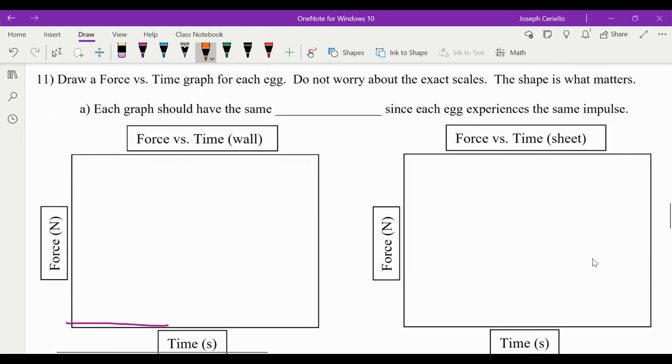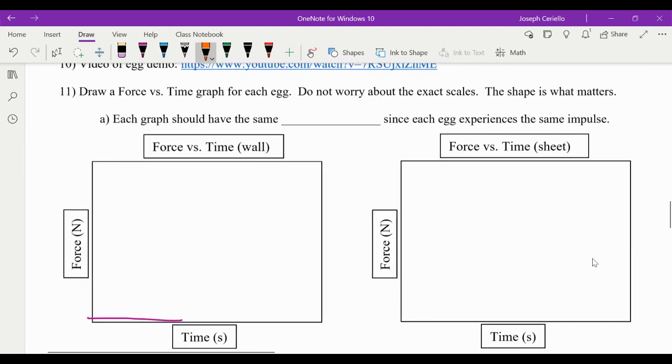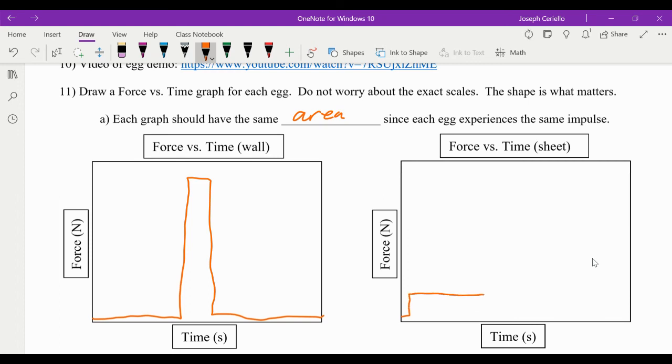So creating a force versus time graph for each one, each graph should have the exact same impulse, therefore the same area. So if the egg is thrown at the wall, there's going to be a very large stopping force over a very small period of time. In the case of the bedsheet, there's going to be a very small stopping force over a very long period of time.